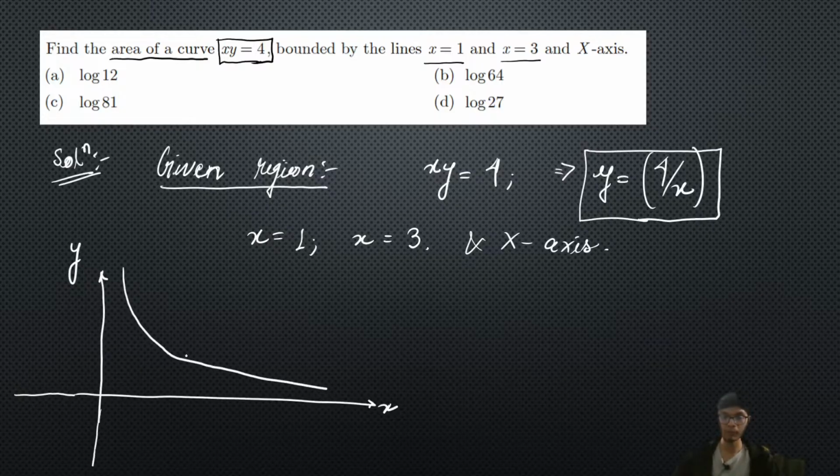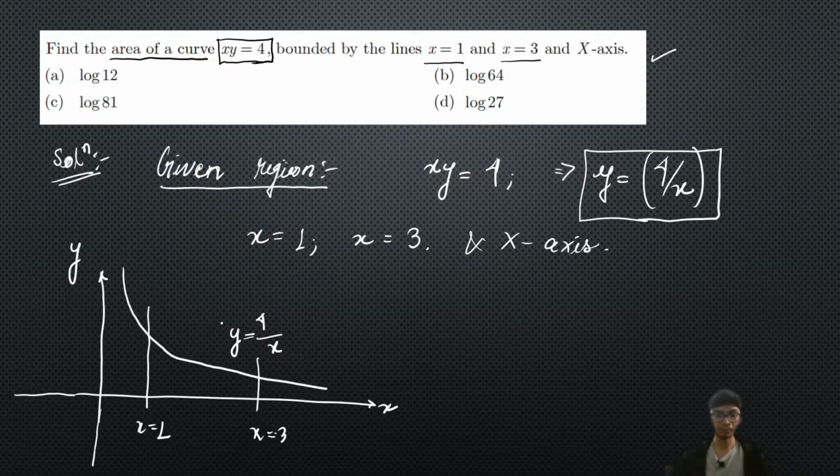I'm drawing only the positive part of it, because I need to find the area bounded by x equal to 1, x equal to 3 and the x-axis, that is in the positive half. So the rectangular hyperbola is basically like this. You can write it over here: this is the curve equation y equals 4 by x, starting from x equals 1 to x equals 3.